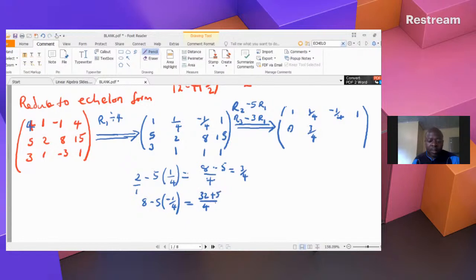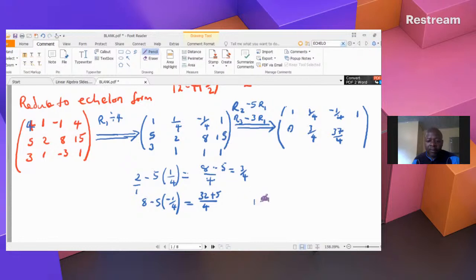So this gives me 37 out of 4, and it's what I write here. When you're doing this, it's very good to take a good look at the signs so that we do not confuse them. Remember, it was 8 minus 5 multiplied by negative this.